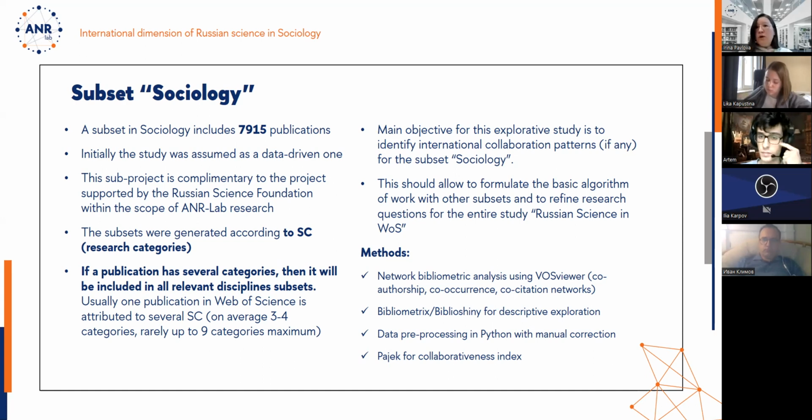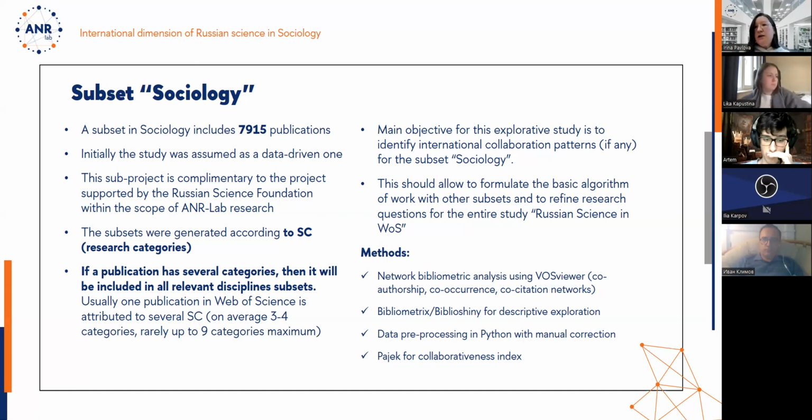So overall, a sociological data set is not that extensive. It is rather small compared to physics and mathematics and so on. So it is around 8,000 publications. And these subsets were generated. So we had the entire data set starting from 1991, right, up to 2022, 30 years.